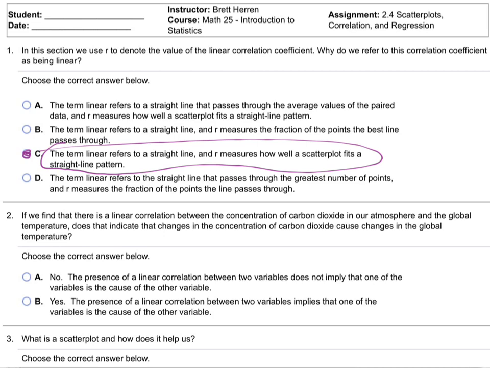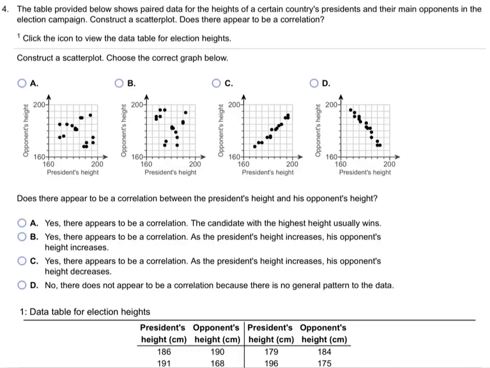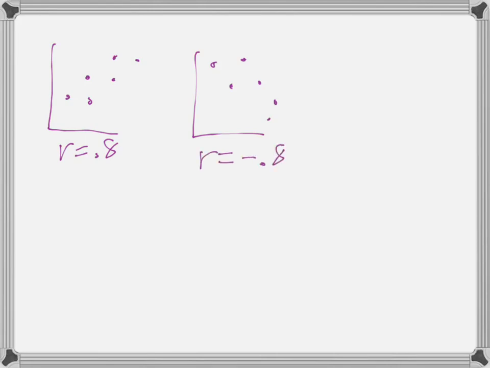I remember my colleague used to teach stats. He had a nice diagram. Let's see if I can draw that out for you. If you had some dots like this, that would probably be an R value of maybe 0.8. If you had dots going down, that'd be like negative 0.8.